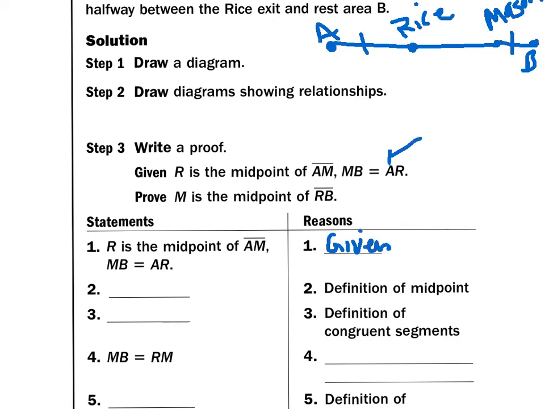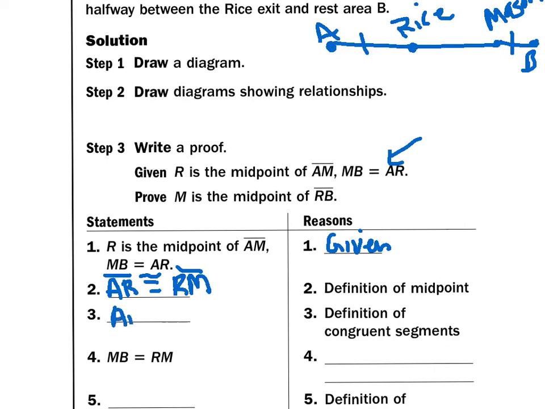And that comes from right here. Now, what does being a midpoint mean? We can say that A to R is congruent to R to M. Definition of midpoint.